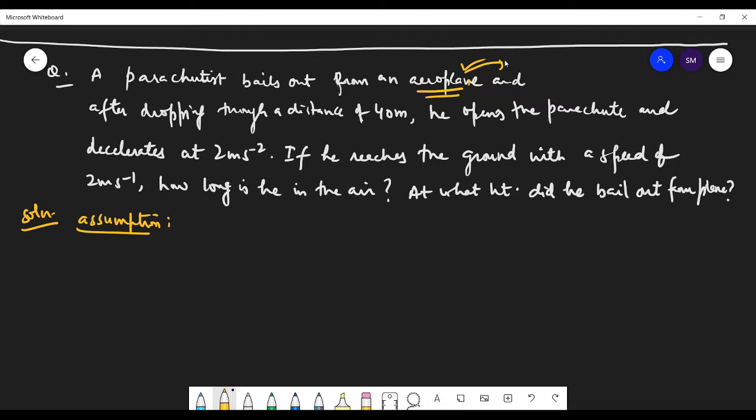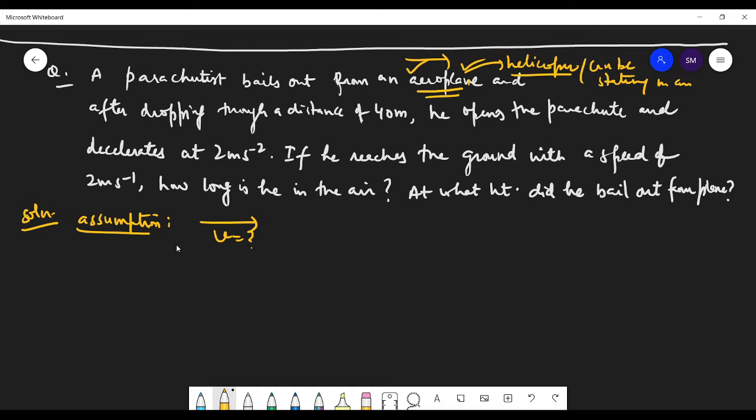I think this question should have a helicopter, because a helicopter can be stationary in air. But see students, even if the aeroplane is moving in this direction, you will get the same answer, irrespective of the velocity with which the aeroplane is moving. So brilliant question. Take it as aeroplane, take it as helicopter, you will get the same answer.